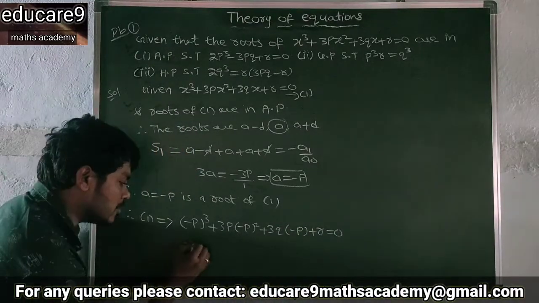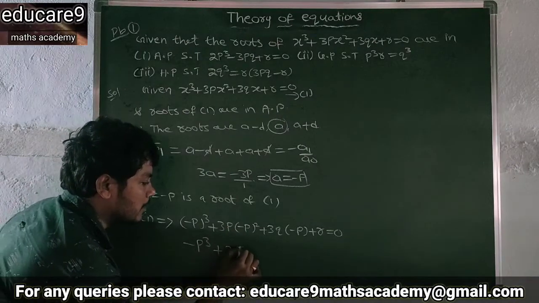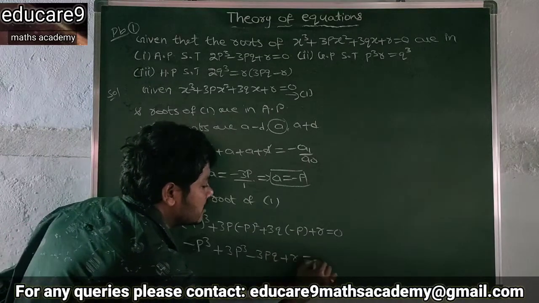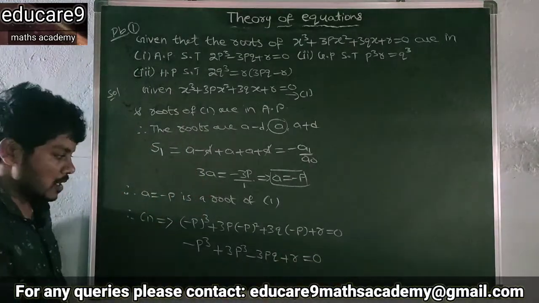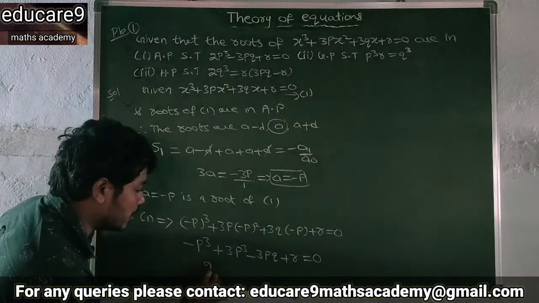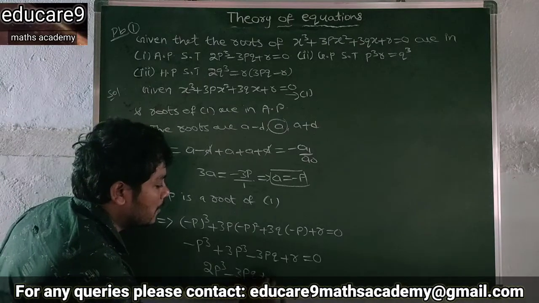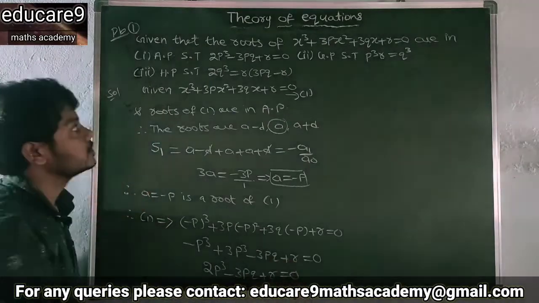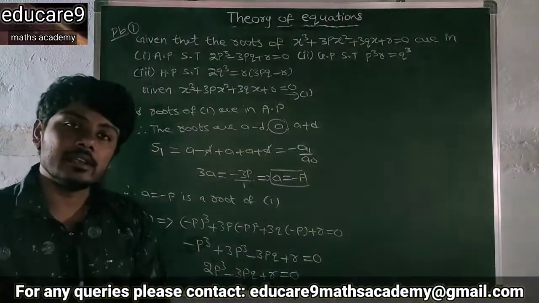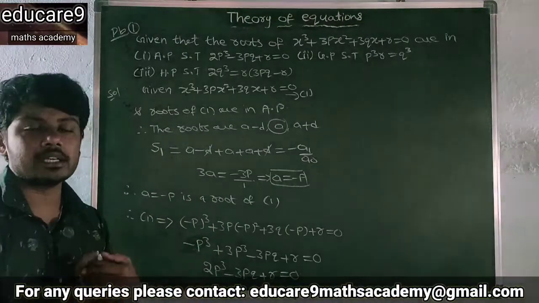Now this is minus p cube plus 3p cube minus 3p cube plus r is equal to 0. So 3p cube minus p cube is 2p cube, minus 3pq plus r is equal to 0. So clearly this is the given condition when the roots are in AP, this is the required condition.